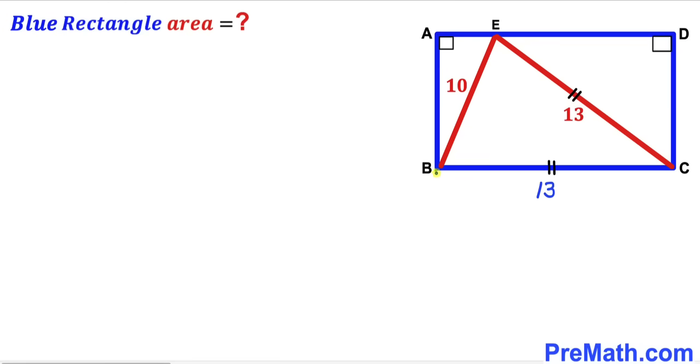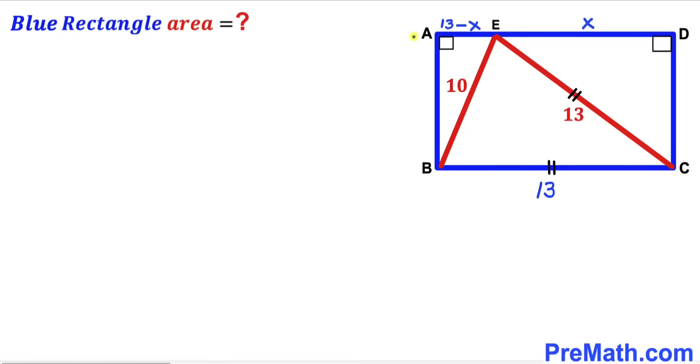And if BC is 13, then AD has got to be 13 units as well. Now let's assume that segment DE is x, then this tiny segment AE has got to be 13 minus x.